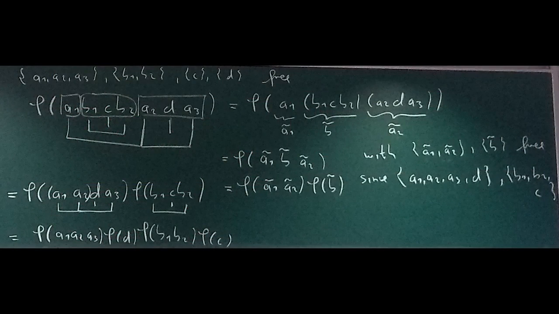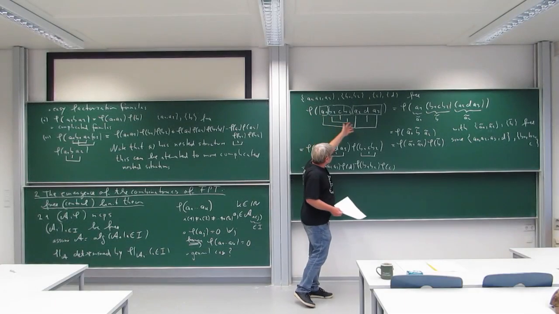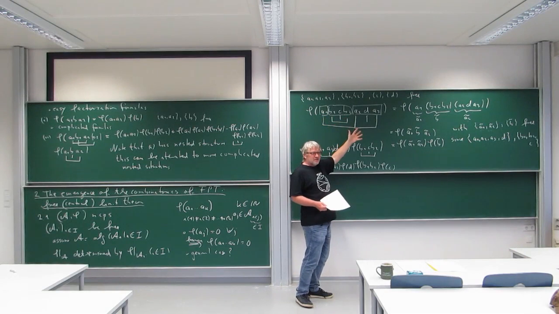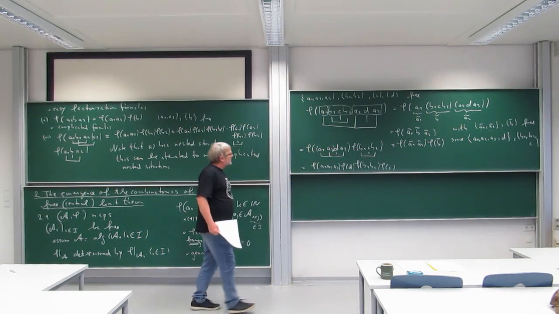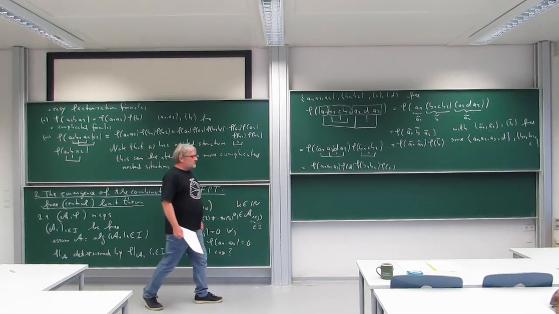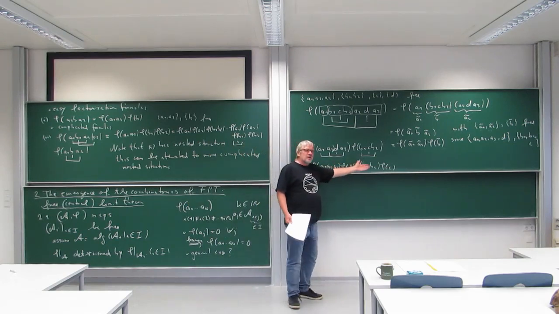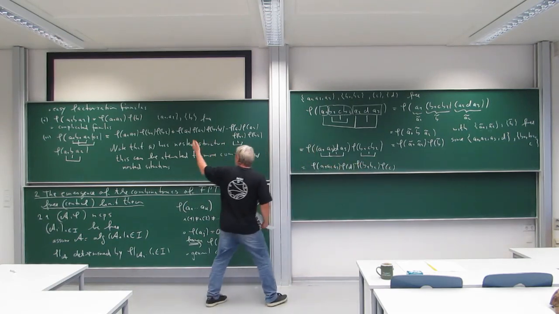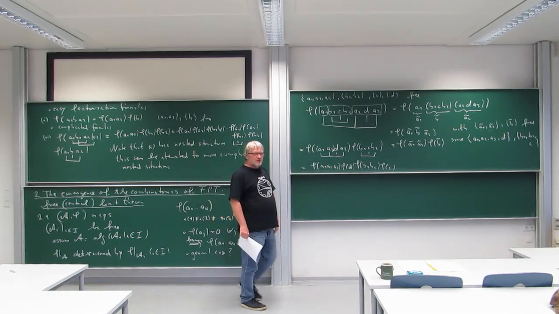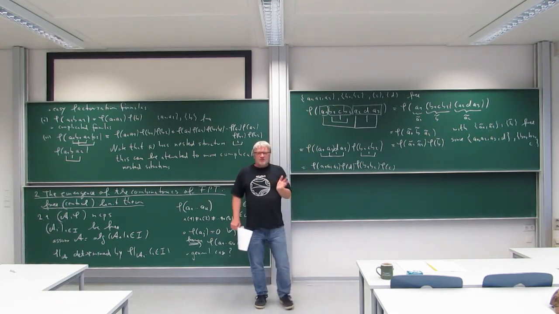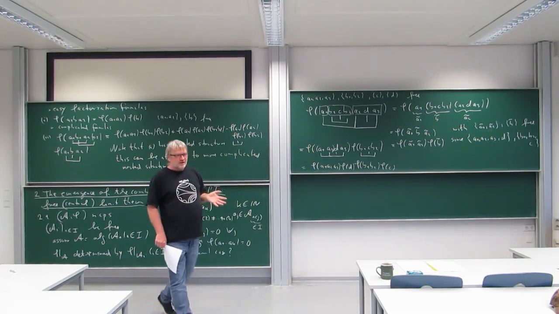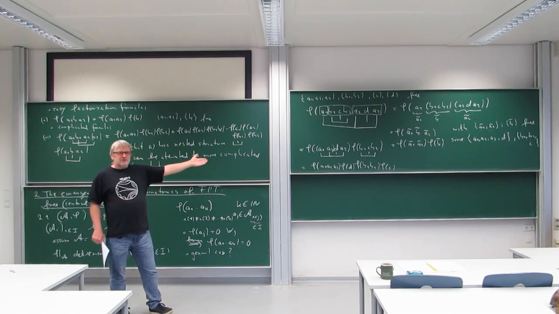Good. Okay, and so you see that for such a joint moment, which has this kind of nested structure for the elements appearing there, it factorizes just in the same way as this example, or as for classical random variables. If the A's and B's and C's and D's would be classical independent random variables, then we would have exactly this factorization rule.